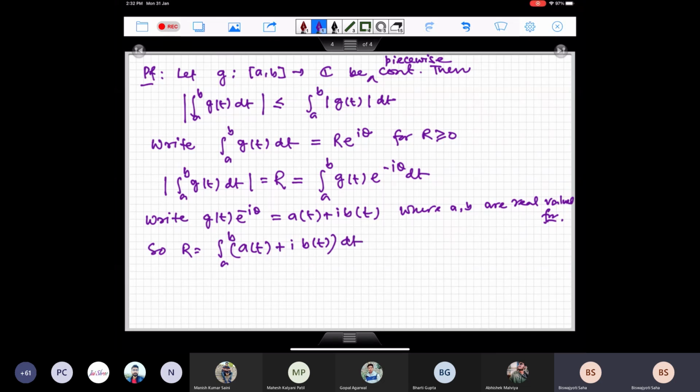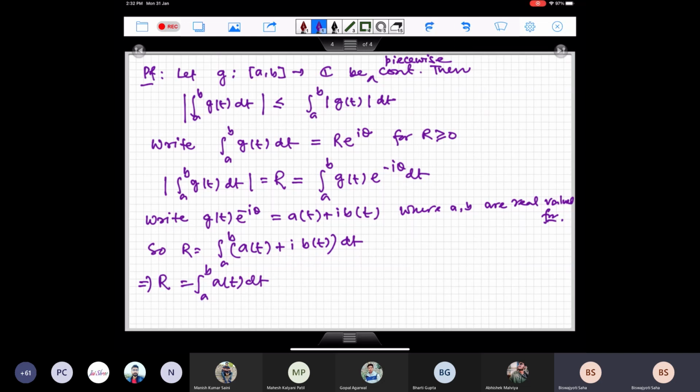Now remember, a and b, each of them are real valued functions. So what I essentially get is that r is equal to the integral from a to b of a(t) dt, because the imaginary part, that integral has to be 0. Okay, because r is already a real number for me.